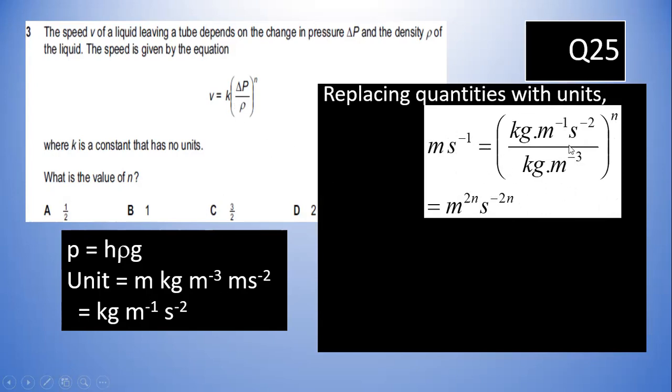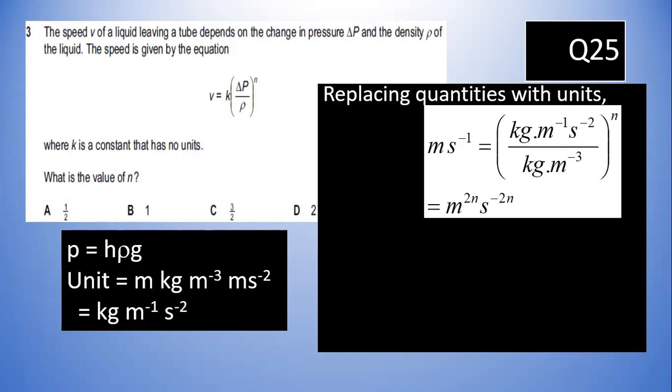Density is mass divided by volume. Okay, and simplify it. Kilogram cancels off. The minus 3 taken to the numerator becomes plus 2, raised to the power n, and s^-2 times n, s to the power minus 2n.